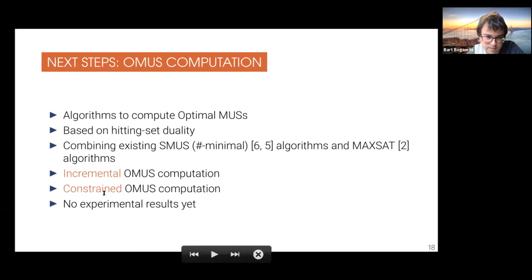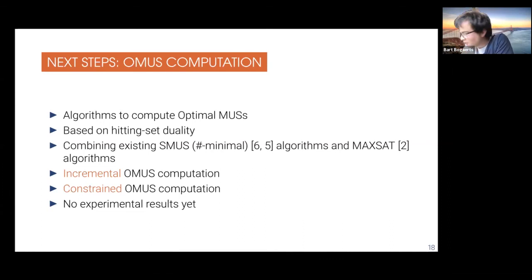And the other one is something we call constraint OMUS computation, so constraint optimal unsatisfiable cores or unsatisfiable subsets. By that we mean that we want to allow the user who wants an unsatisfiable core to be able to write constraints about what it can look like.